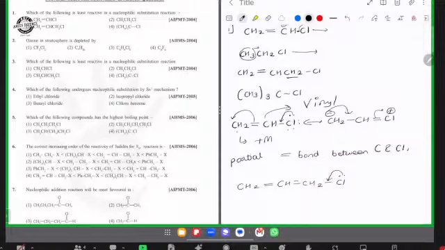And always remember, these vinyls are always least reactive towards nucleophilic substitution reaction, because the lone pair on chlorine is busy in resonance, so it won't react with the incoming nucleophile.